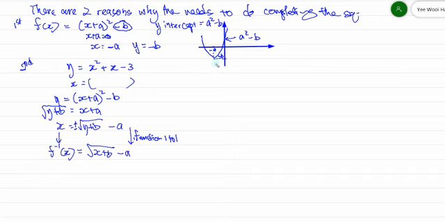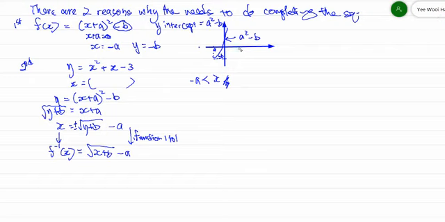However, if you make a change in the domain, for example this one, if I say that x has to be more than minus a, in other words, the quadratic function is only like that.